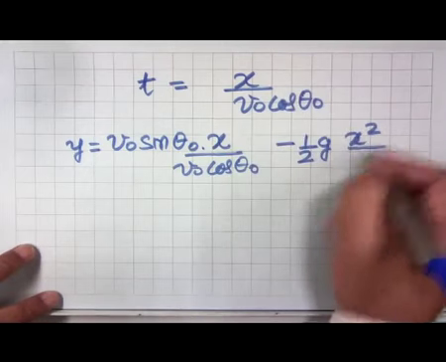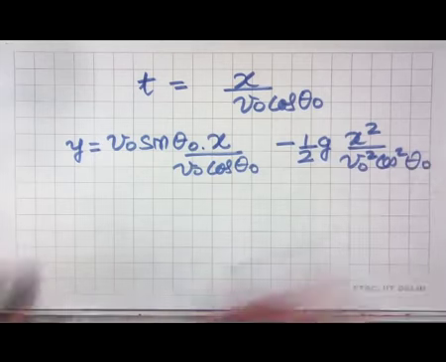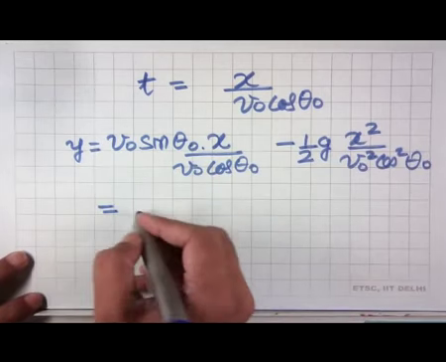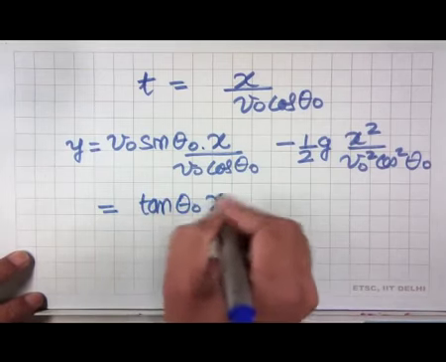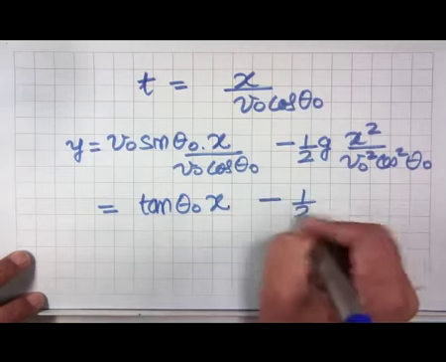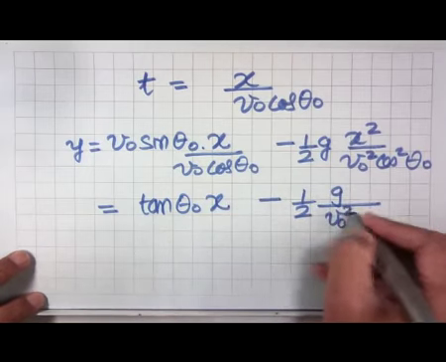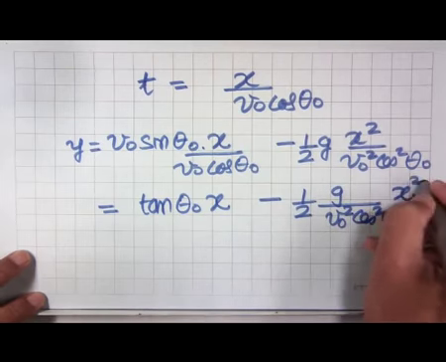So, x square upon v 0 square cos square theta 0. When we simplify this, it is equal to tangent of theta 0 times x minus half g divided by v 0 square cos square theta 0 times x square.